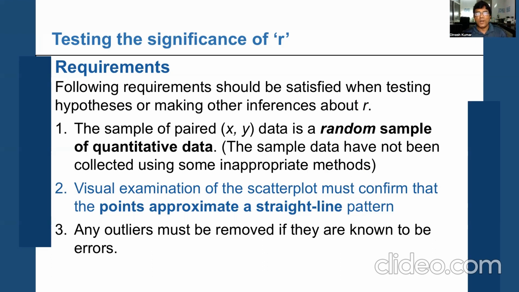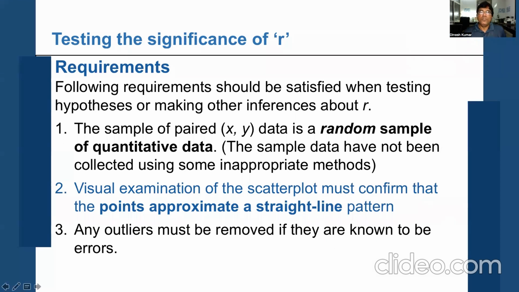Requirements. First, what are the conditions when you can test the significance? The following requirements should be satisfied when testing hypotheses or making other inferences about the correlation coefficient. Number one, the sample of paired data is a random sample of quantitative data.